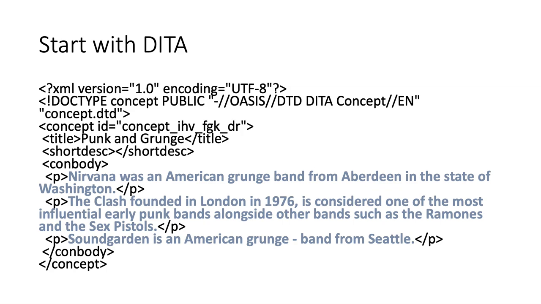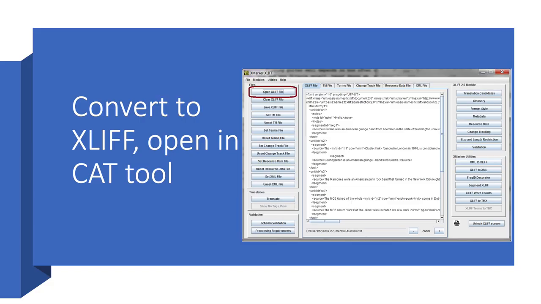So we have this DITA file, and we convert it to XLIFF, and we open it in our computer-aided translation tool. Now remember, the computer-aided translation tool we're using for this class is Swordfish. The screenshot you see on the screen is for an open source computer-aided translation tool that I offer called XMarker, but it's the same concept.